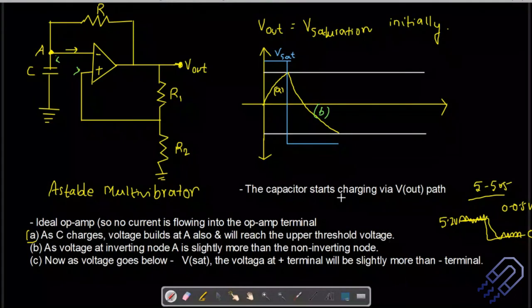And when this capacitor starts charging, this is actually minus beta V sat. As soon as this happens, the capacitor will start charging and we will get something like this. As soon as we get this, we are going to get a high voltage.